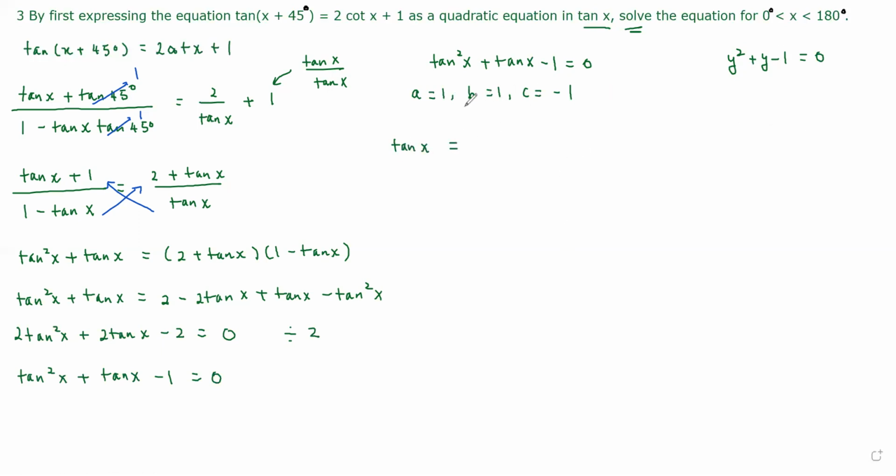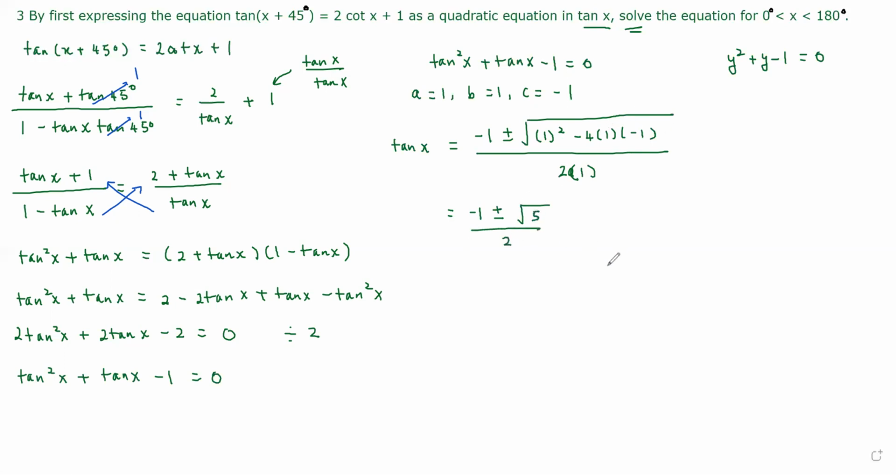So the quadratic formula, we have negative b, so that will give us negative 1, plus minus square root of b squared minus 4ac, all over 2a. A is 1 here. So this gives negative 1 plus minus square root of 5 all over 2.